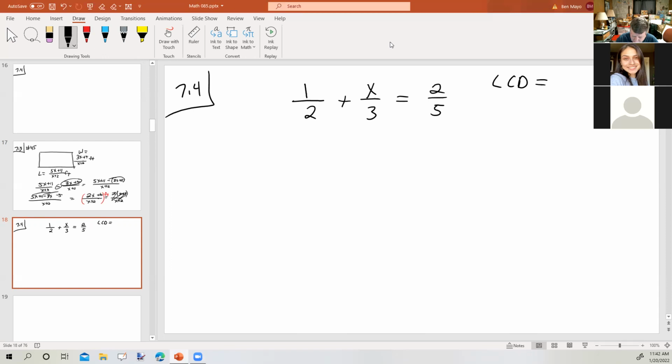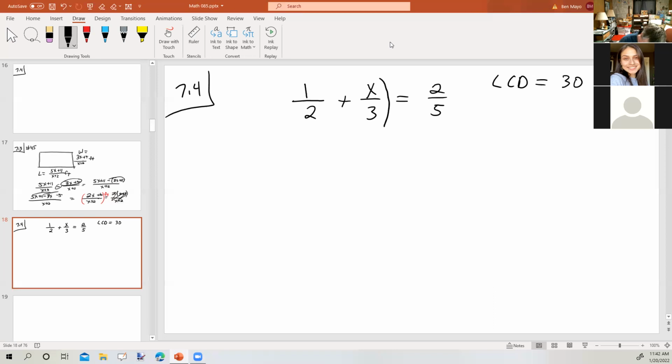No. 30. There you go. 30. It's the product of the highest power of each prime factor. So 2 times 3 times 5 is 30. We okay with that? Any questions there? All right.